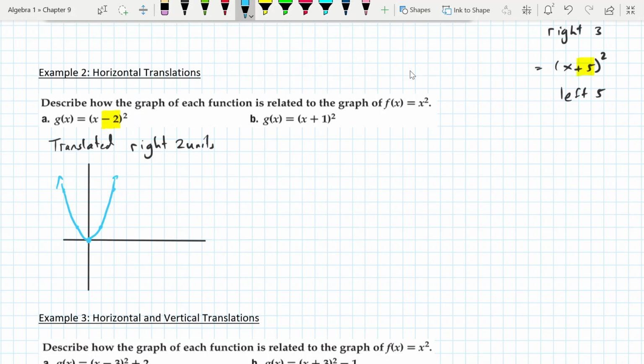Now the idea is every single point is going to move right 2 units. So now I'm going to draw in red each point to the right 2 units. And you can see that is my new graph. This is g of x equals x minus 2 squared.